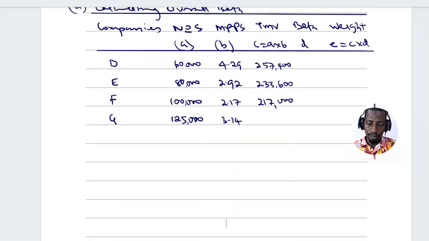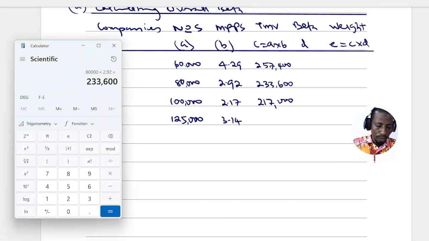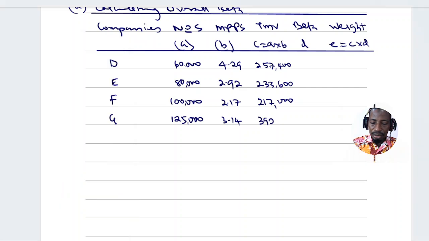So the next one, 125,000 multiplied by 3.14 equal 392,500. Let's add it up.